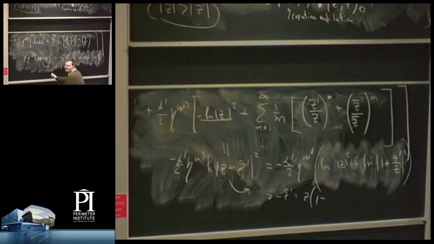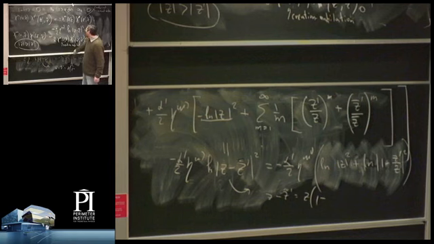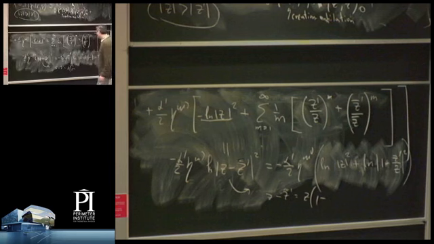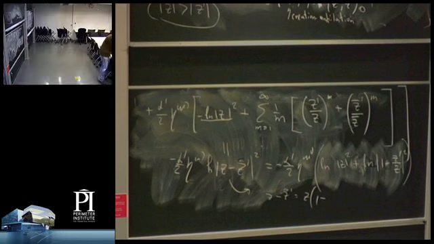Remember, in the conformal normal ordering, this is log absolute value of z, z minus z prime. Okay. So I just made it clear. Good. Okay, very good.